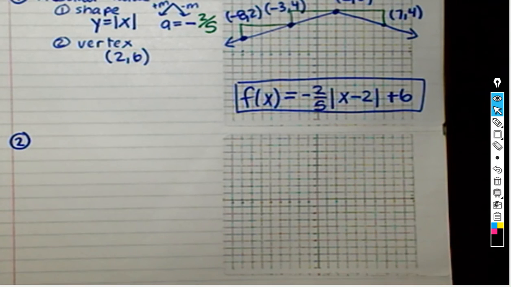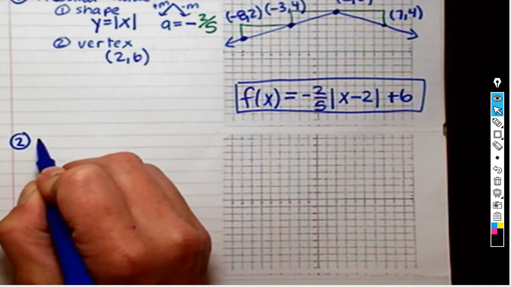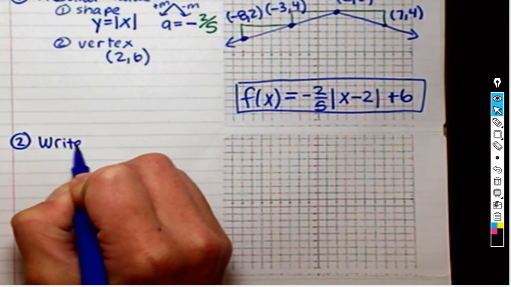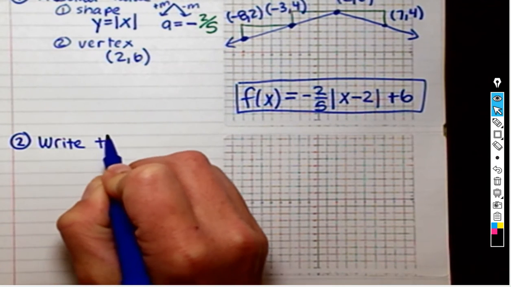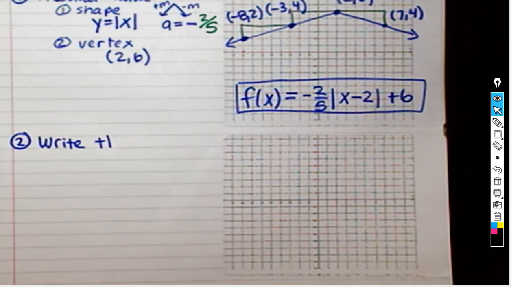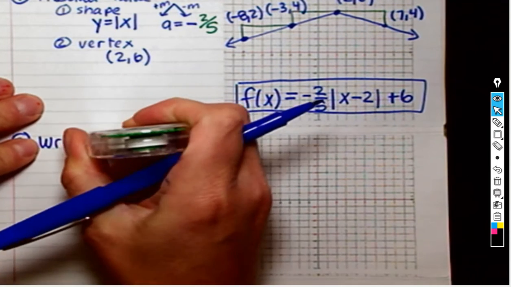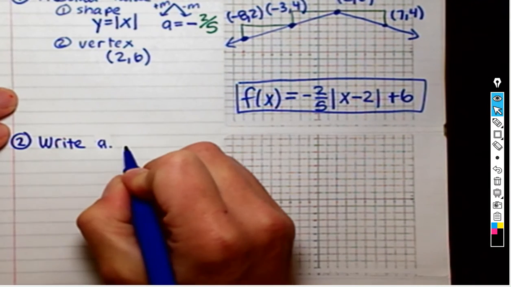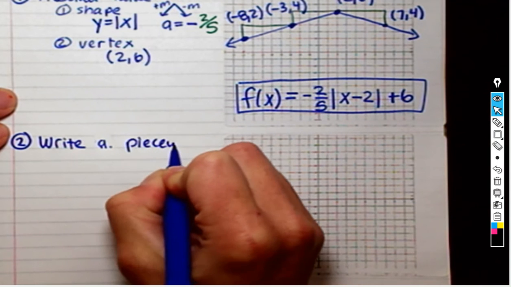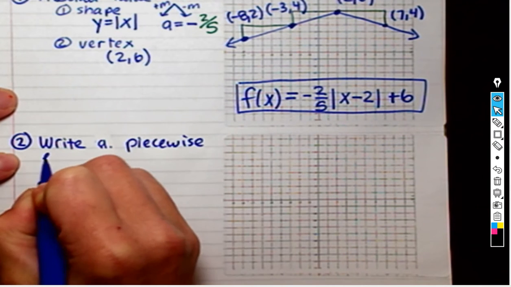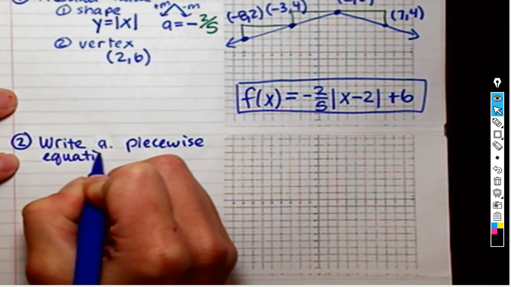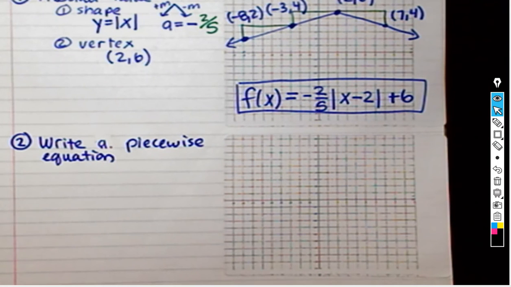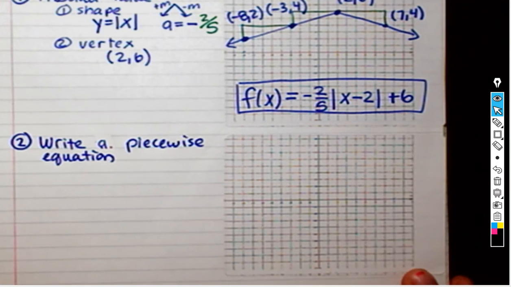All right, here we go. A piecewise equation. So now I'm connecting 2.1 and 2.2, right? Here we did regular absolute value equation.